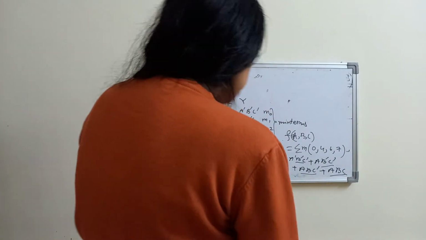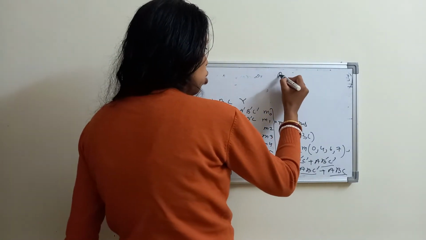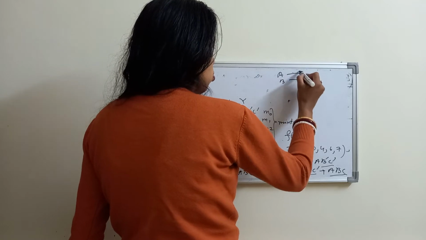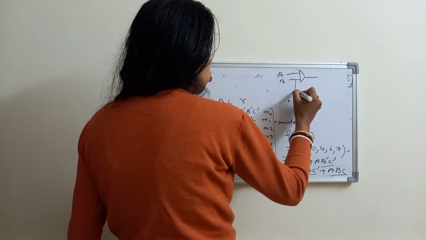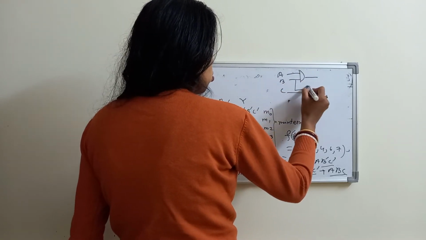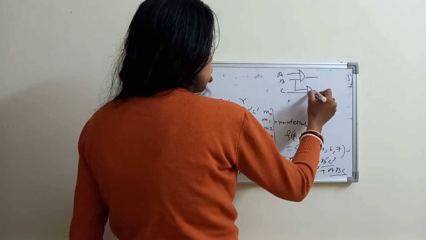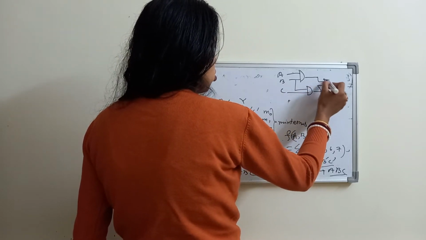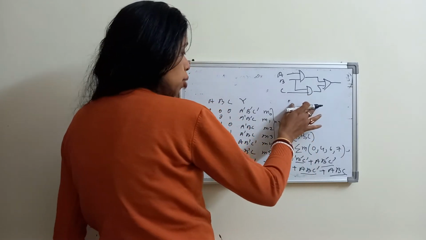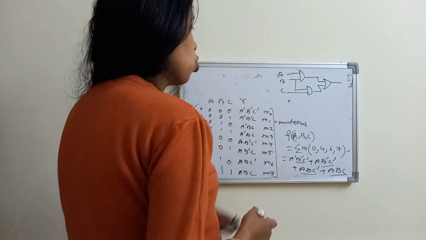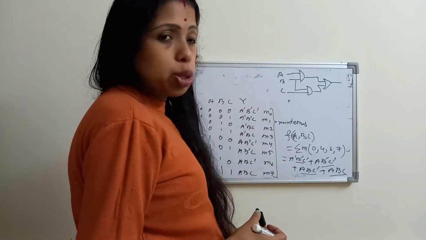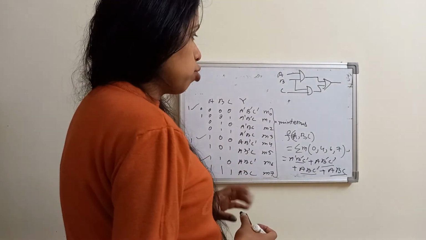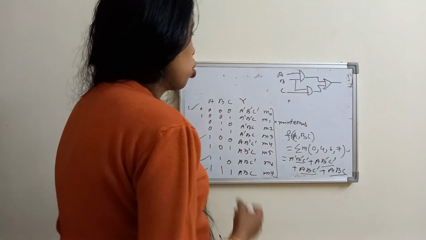Associated with the SOP, you can get another kind of problem. Suppose you have this one diagram. So from this diagram, you have to analyze all the things. From this diagram, you have to write the truth table. How can you write the truth table?